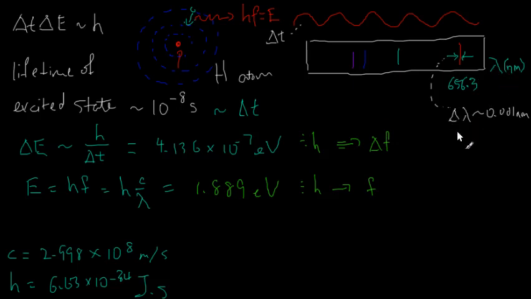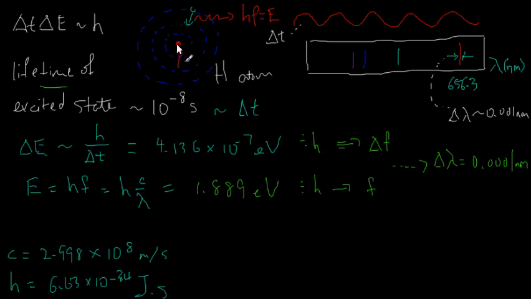So without going through the details, I'll just state the results of what I found. What I found from this calculation is that delta lambda is equal to 0.0001 nanometer. So this is the result that I got by using the lifetime of the excited states.